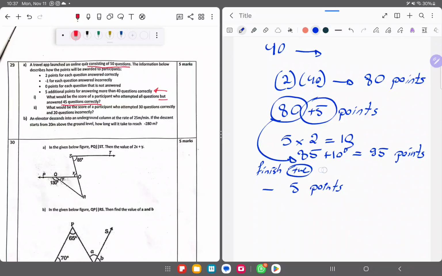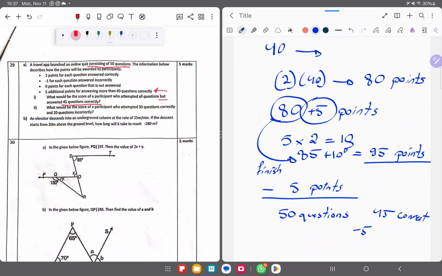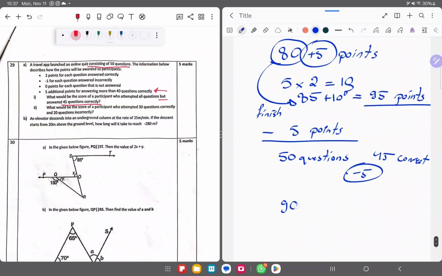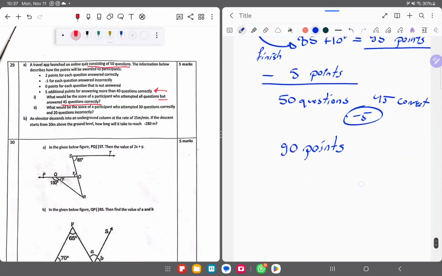This is the moral of the lesson here. So I finished all of the positives, 95. Now I answered 5 wrong because 50 questions in total and 45 correct. So I've got a minus 5. So 95 minus 5, I'm going to get 90 points.